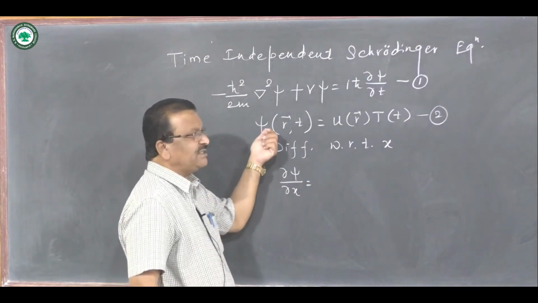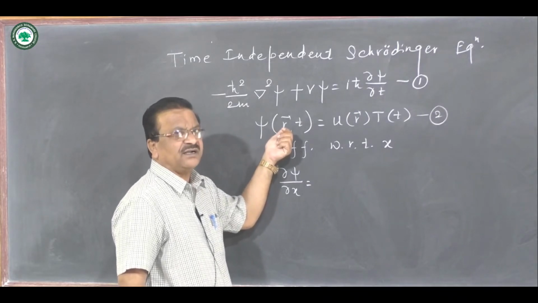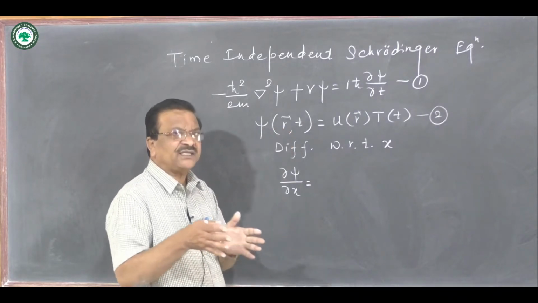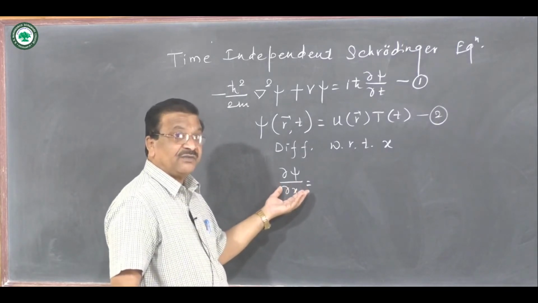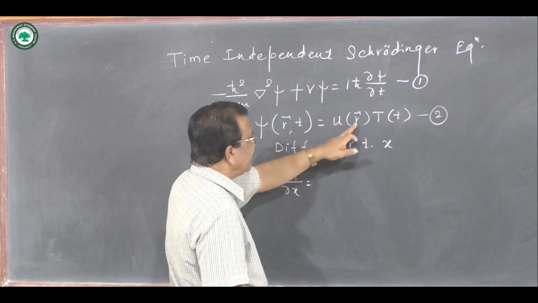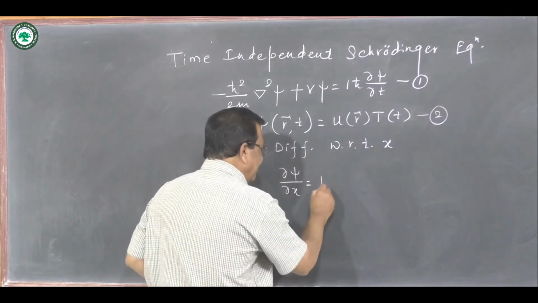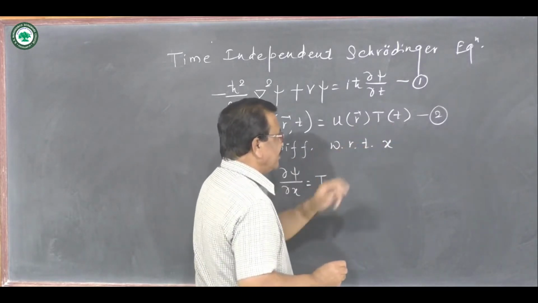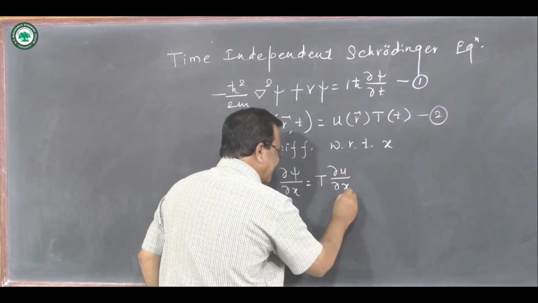Because psi depends on three space coordinates, x, y, z, and since y, z as well as t are kept constant, I have to write a partial derivative. Similarly, u depends on r, meaning x, y, z, and T is treated as a constant, being a function of t, so I will get dabba u by dabba x.